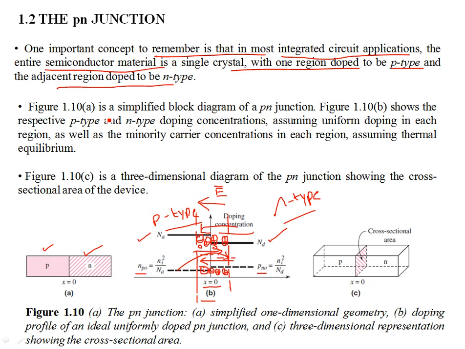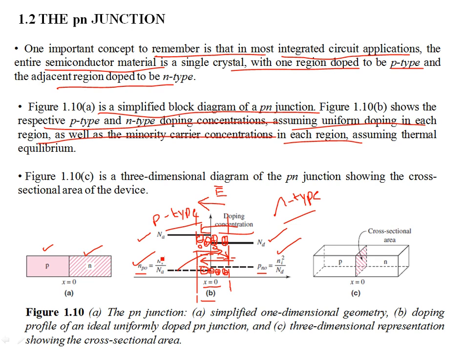So you see, figure 1.1a is a simplified block diagram of a PN junction, and 1.1b shows the respective P and N-type doping concentrations. If you assume uniform doping in each region, as well as the minority carrier concentrations, which are evaluated assuming thermal equilibrium conditions, they can be evaluated from such conditions.